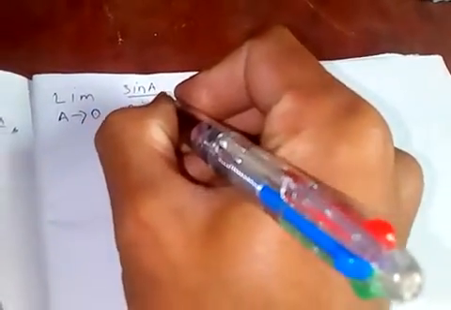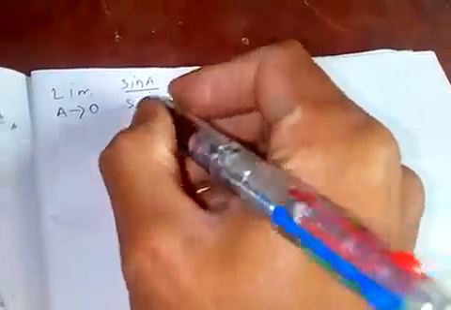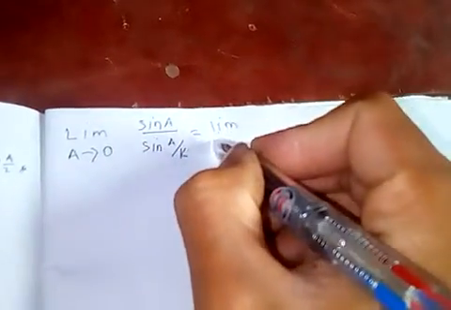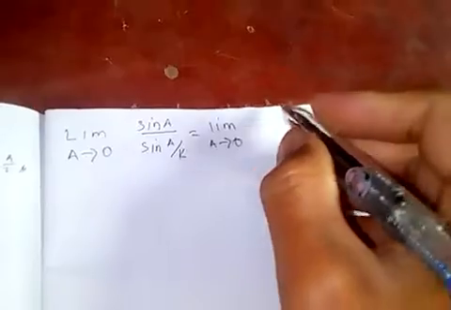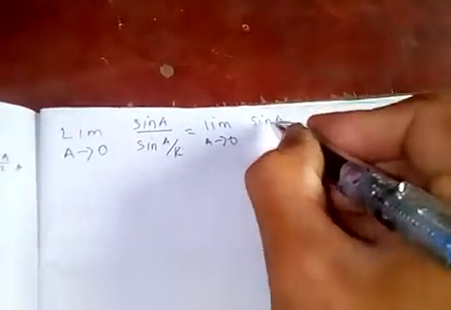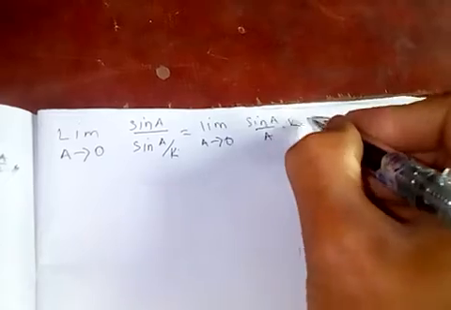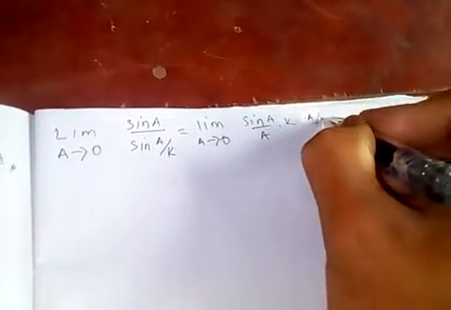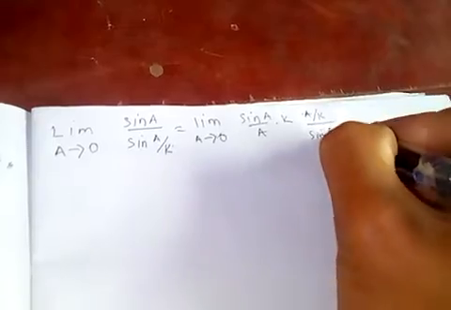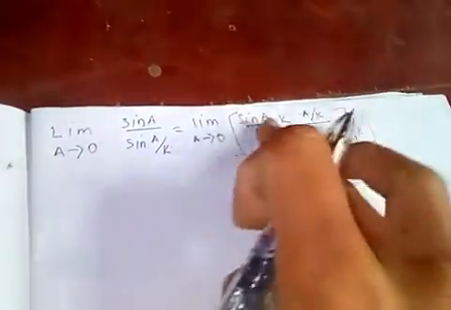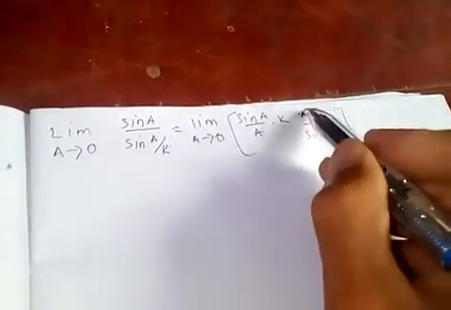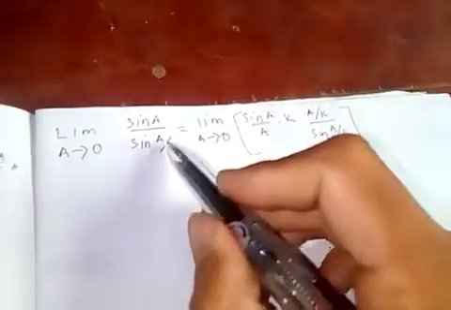Limit A tends to 0, here we get sine A over sine A over k, since we divided by sine A over k. This can be written as sine A over A into k times A over k over sine A over k, and this is the same thing as this, because this A and this A will cancel, so these two are the same thing.